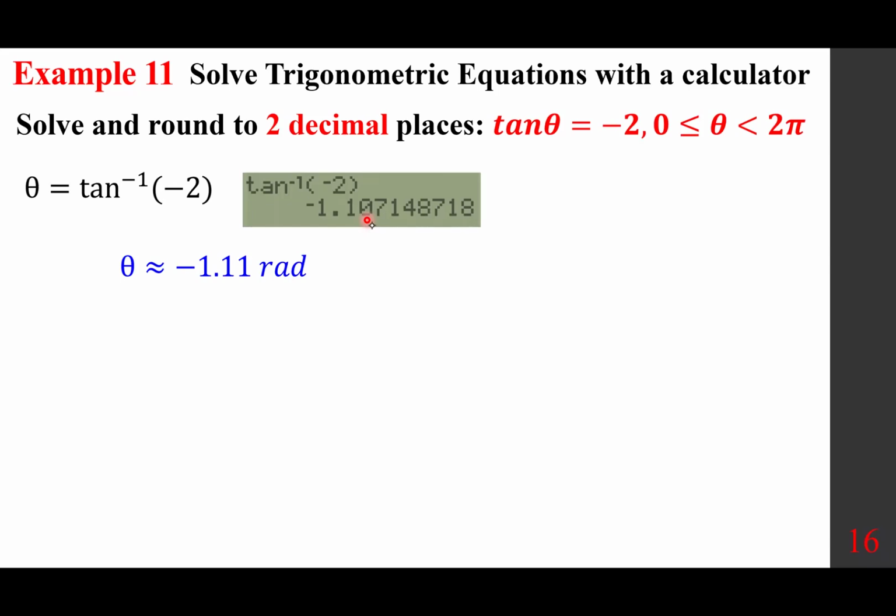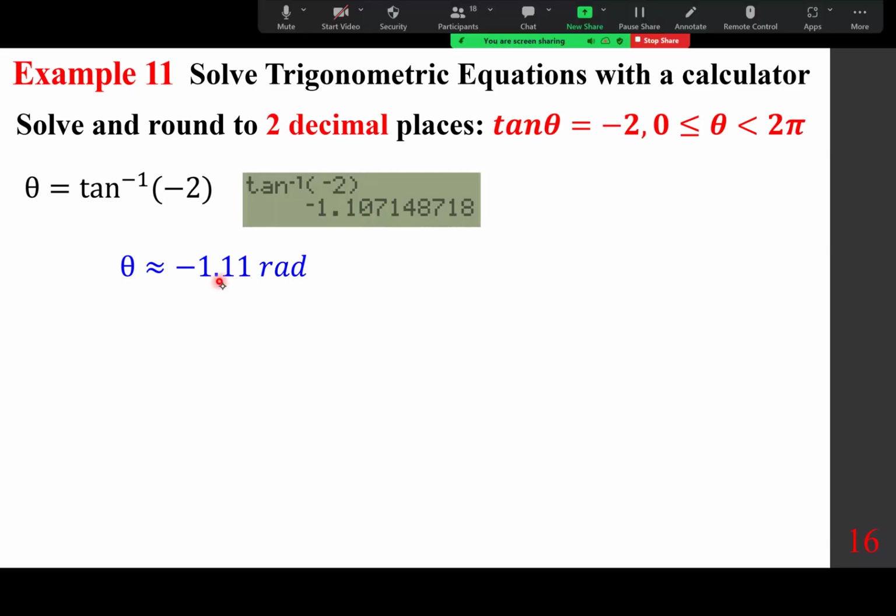Now, again, with any inverse, tan inverse, cotangent inverse, sine inverse, cosine inverse, you get one answer. But there are 2 answers. Tangent is negative in the second and the fourth quadrant.